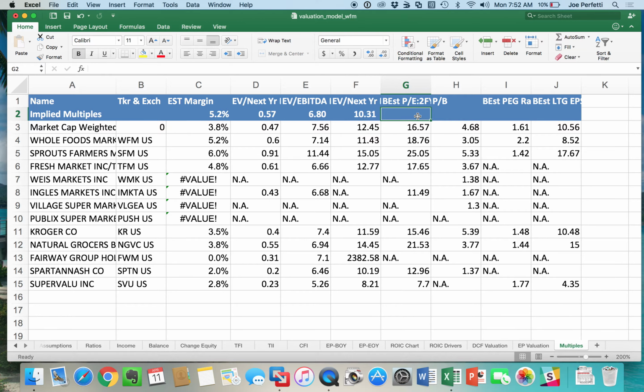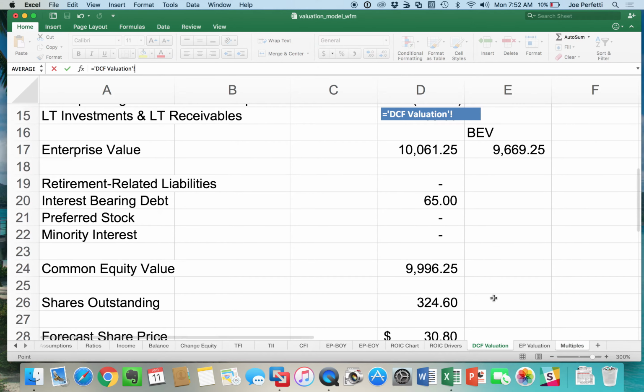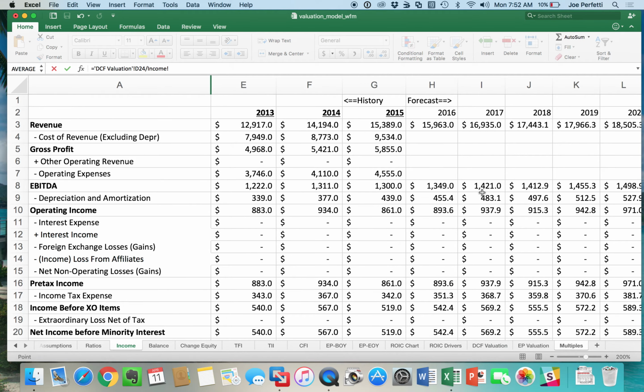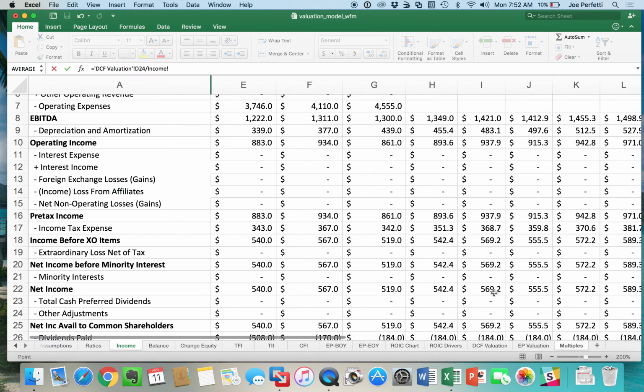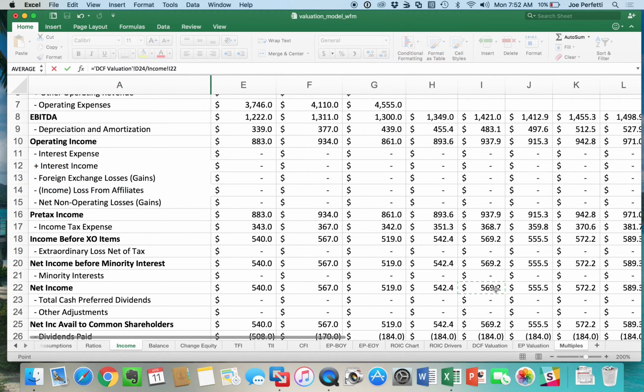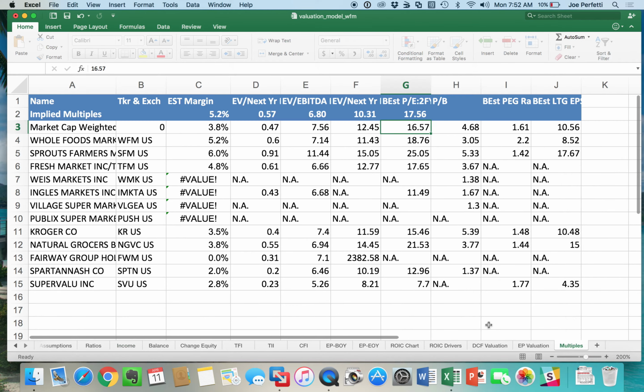Then we have the PE ratio. Basically it's price per share divided by earnings per share, or in our case, the common equity value divided by second forward year, 2017 net income, which is I-22. So the earnings available to common shareholders, I-25. That would be our PE that the model is calculating. And then finally, we have our price to book multiple.